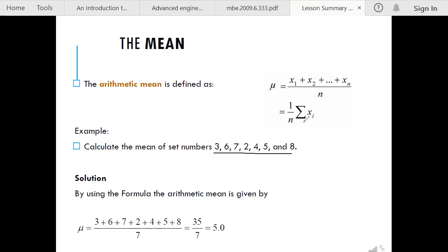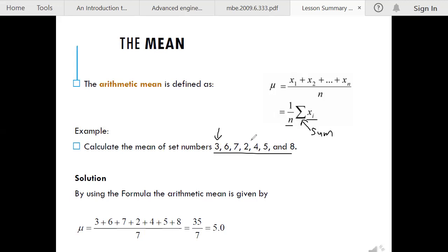This sigma here means to sum everything. When we say sum, it means total. And your X represents the data you have collected or observed. So this says sum your data, then divide by the number of what?